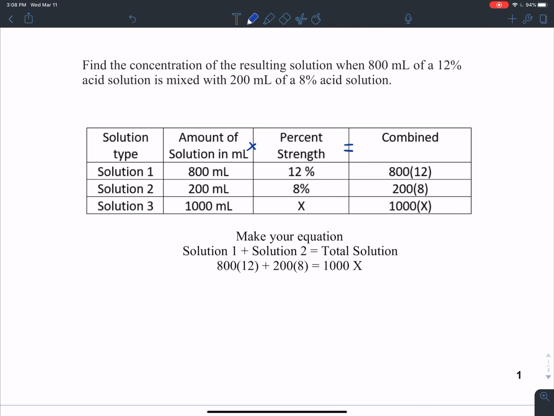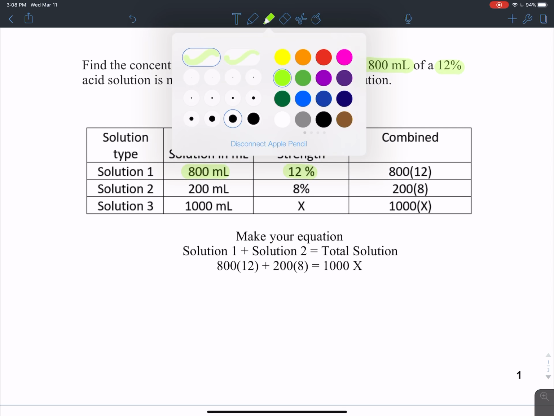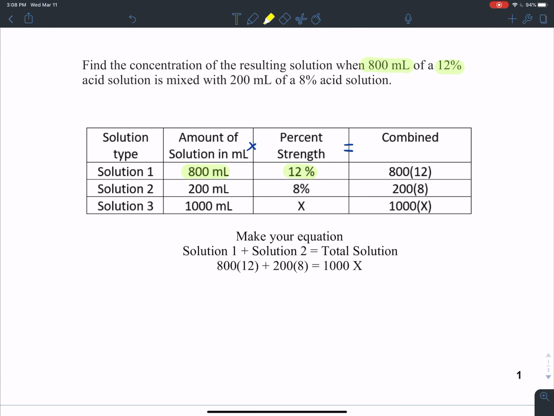So if we read through the problem, they tell us that we have an 800 milliliter solution. That's where this 800 milliliters comes from, of a 12%. So that's our 12% solution. Then they tell us that it's mixed with 200 milliliters, so here's our 200 milliliters, of an 8% acid solution.